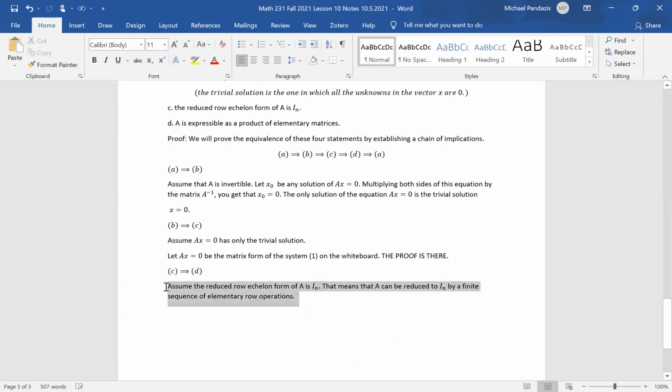So let me explain this again. I said this before, I'll repeat it again. Assume the reduced row echelon form of A is I sub n. That means that A can be reduced to I sub n by a finite sequence of elementary row operations. Okay, so we said earlier, right? If we start with A and perform a sequence of elementary row operations on it, we can get to the identity matrix.